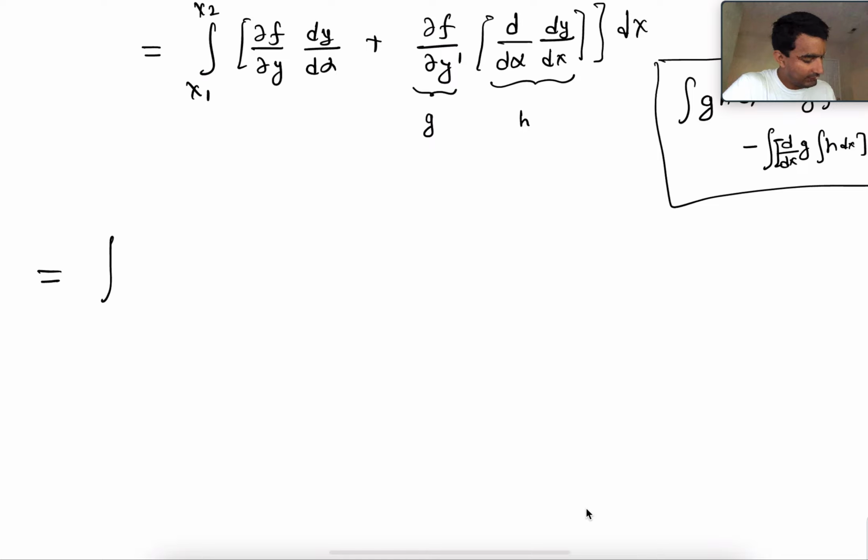So the first term remains again very similar, x1 to x2 del f by del y dy by d alpha.